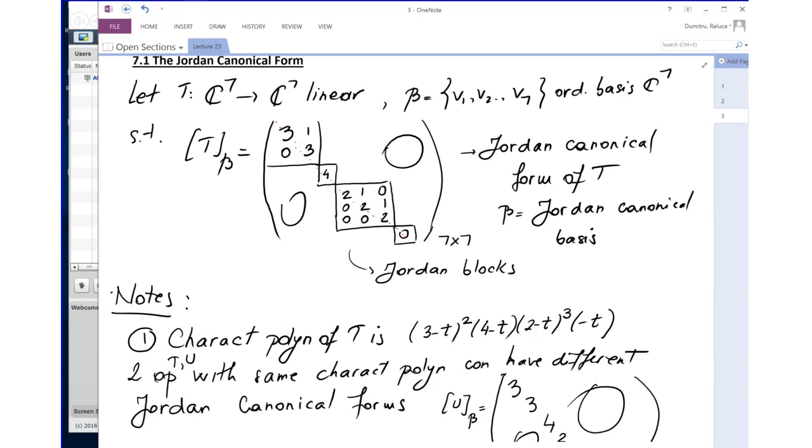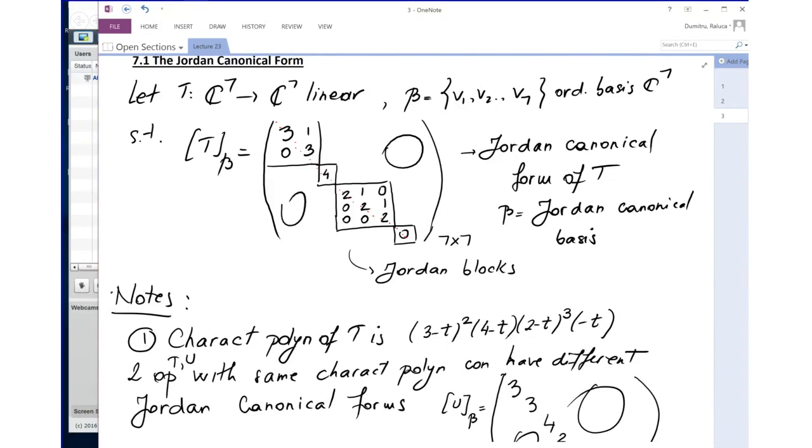What about V3? The single block. The one-dimensional block. What does that tell you? What is T of V3? 0 v1 plus 0 v2 plus 4 v3 plus 0, 0, 0, 0, right? So T of v3 is 4v3, so v3 is also an eigenvector.